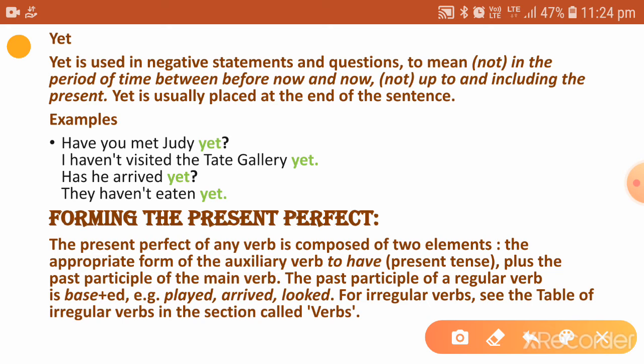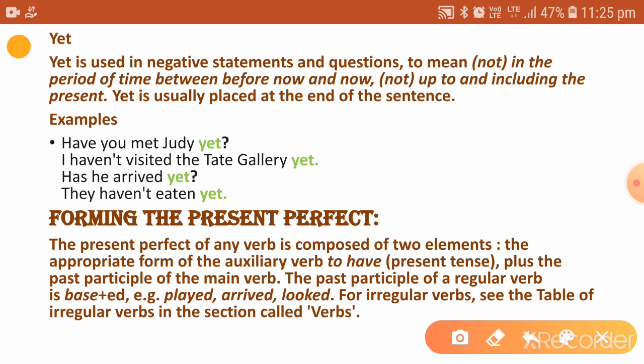The past participle of a regular verb is base plus ed. It means the main form of the verb plus ed. Like talk, talked, talked. Here we can form the second and third forms by adding only ed.